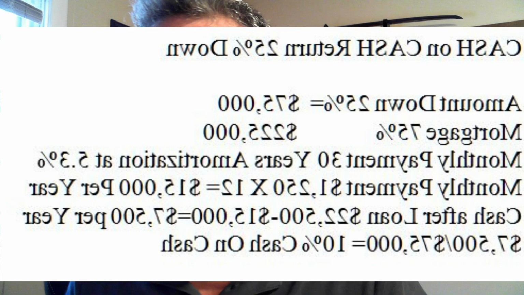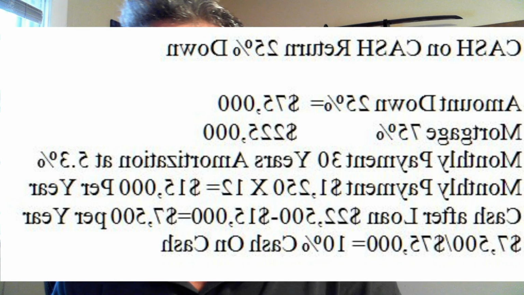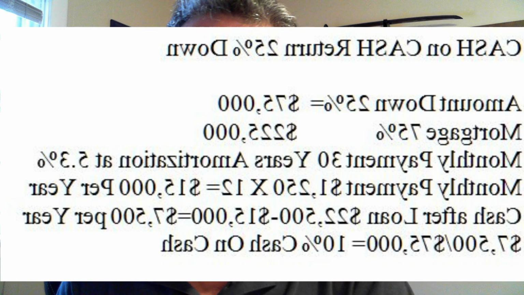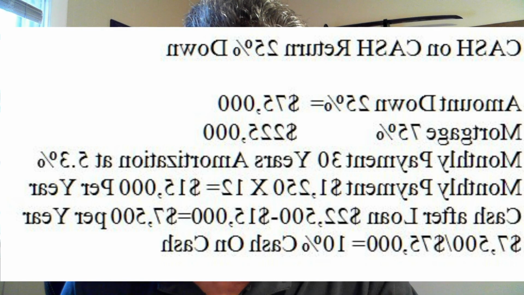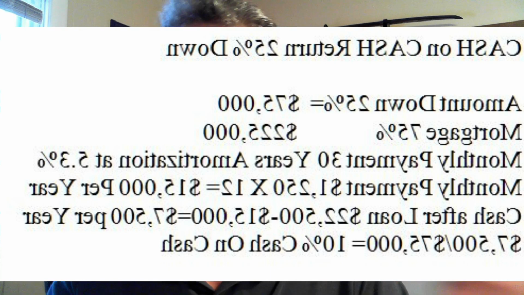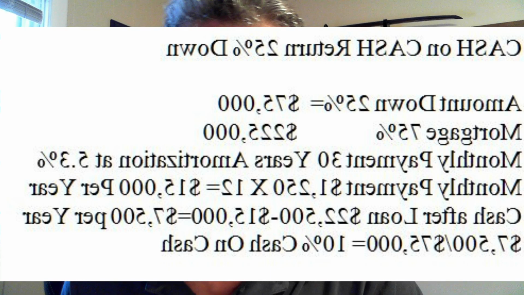Okay, so on this deal, $7,500 divided by $75,000 is 0.1, which is the equivalent of 10%. So you got a 10% cash on cash return. A lot of investors think cash on cash return is the most important way to invest, because the more you can leverage your money, the more you make, right? And that does work.